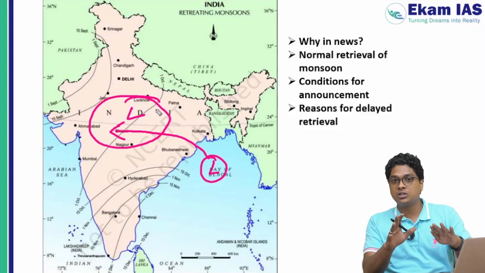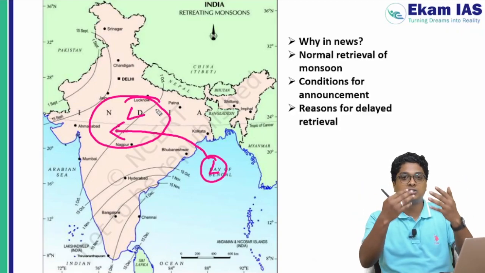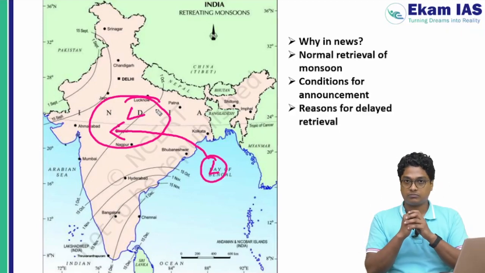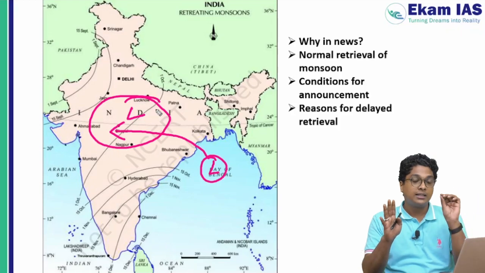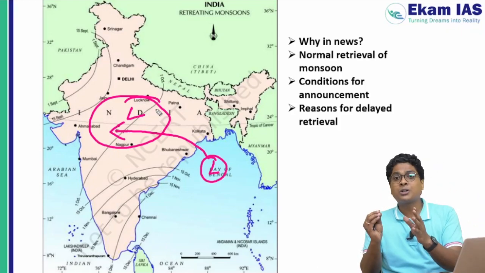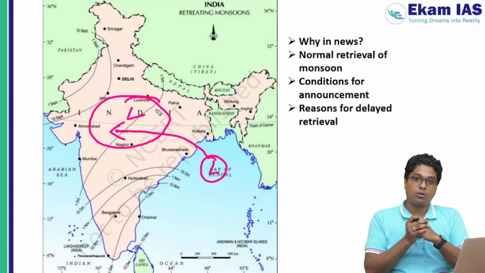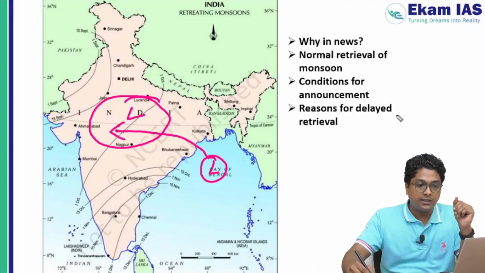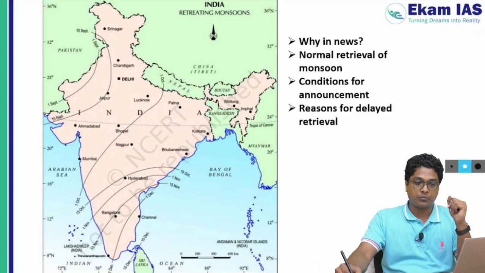This low pressure stops the retreat of the monsoon, so the retreat is getting delayed. Clear? So this is the specific reason the delay took place this year: low pressure systems reaching central India from the Bay of Bengal.